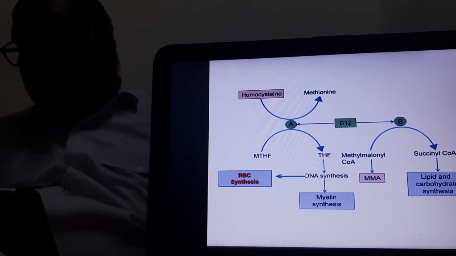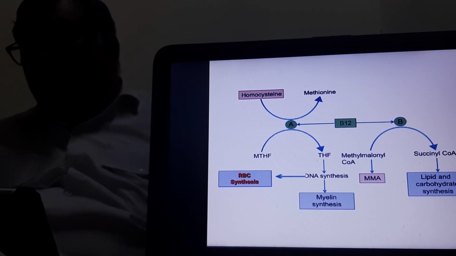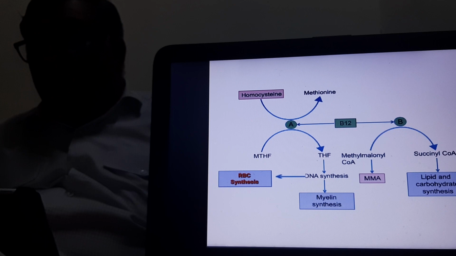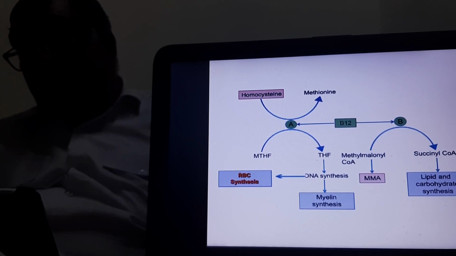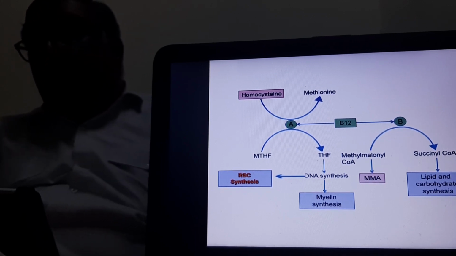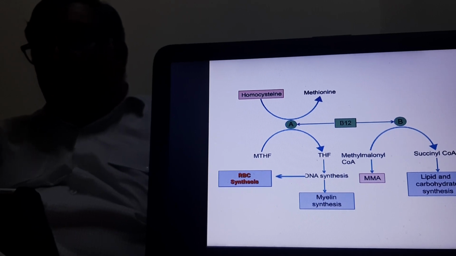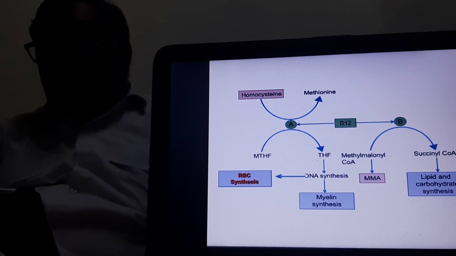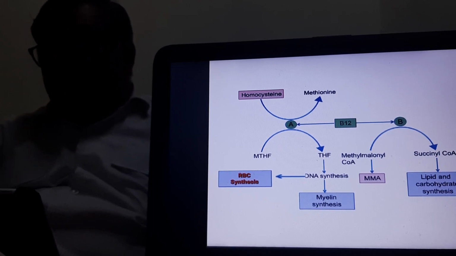Second, aside from the DNA function, B12 is also required for metabolism of methylmalonyl CoA. If vitamin B12 is deficient, then methylmalonyl CoA will build up, which will lead to damage to the brain and CNS and VNS.